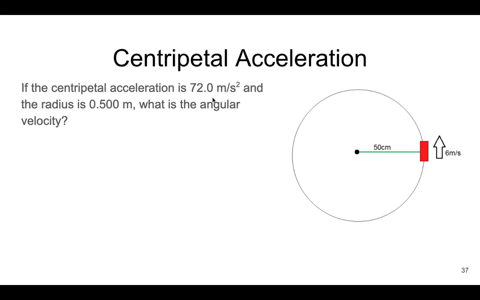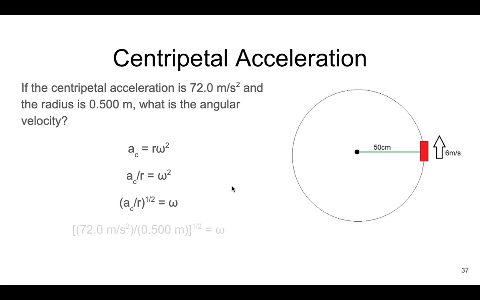So if that is our centripetal acceleration, and that's our radius, what is the angular velocity? So we'll do it the other way now. This time we know a sub c to start with, and we know the radius, so we're trying to get to the angular velocity, so why not use this formula? Start here, do the algebra, get the thing you want by itself on one side. You can't draw square roots, or at least not well, in Google Slides, so I raised it to the 1/2 power.